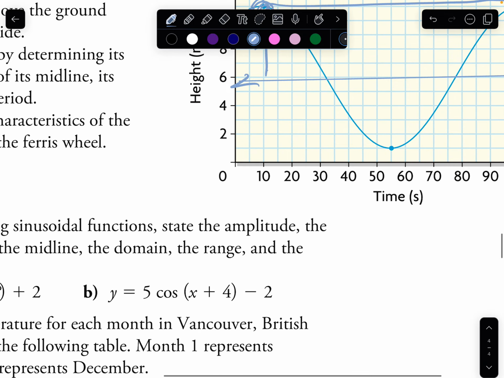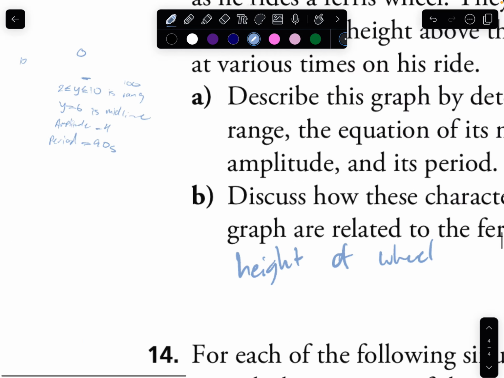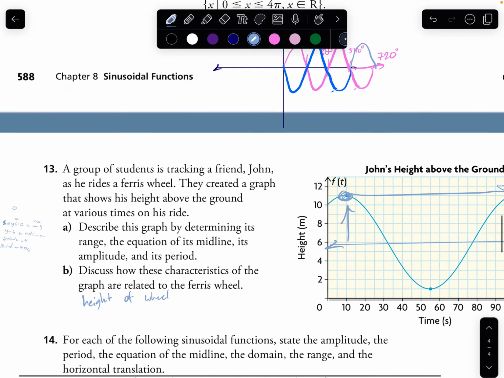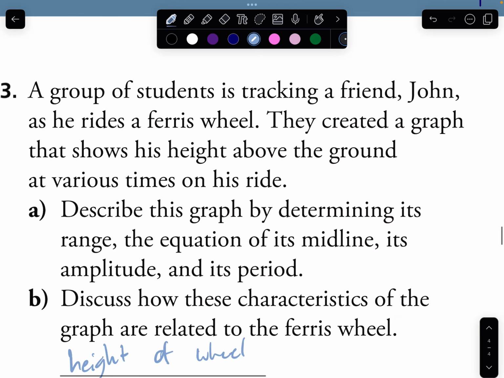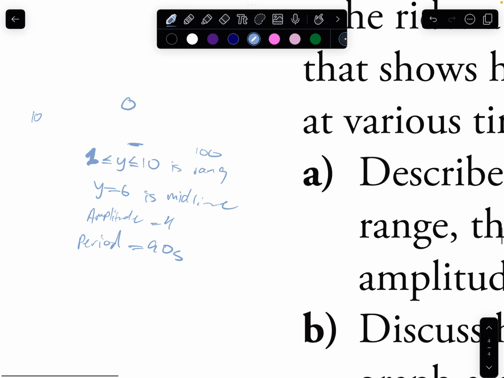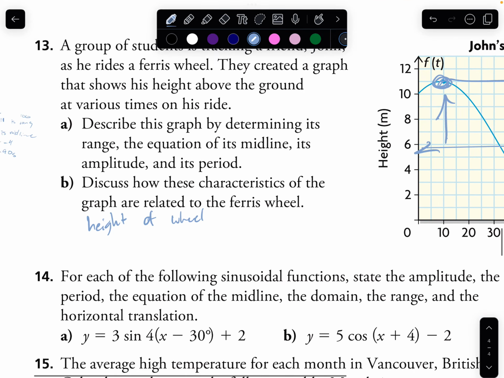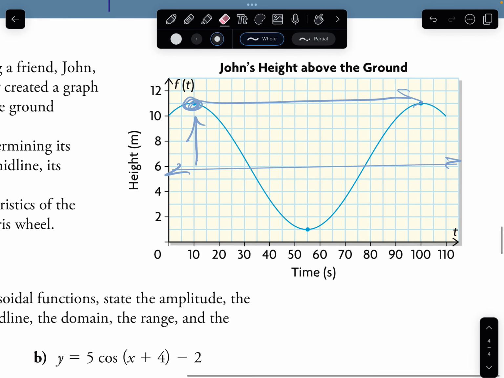Wait, oh, sorry, it's 1, not 2. That's 1. And that's 11. My bad. The midline's still the same because we went down and up by 1. I just can't read apparently.